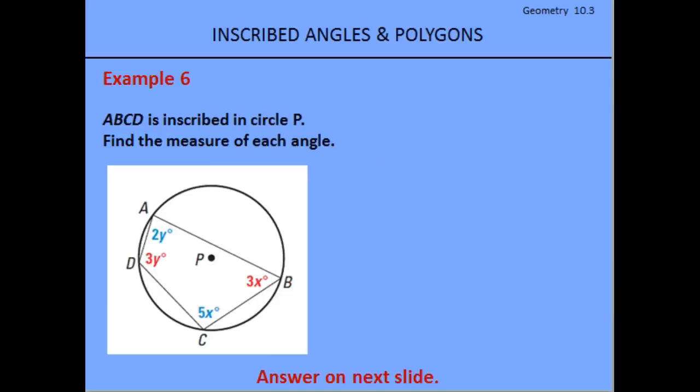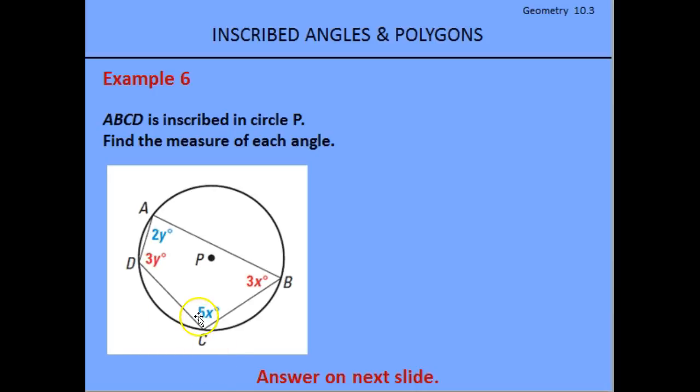Okay. Example 6. Now we've got a quadrilateral. So we've got A, B, C, D inscribed in circle P. Remember what that means based on what the theorem is. If you have to, go back. Find the measure of each angle.